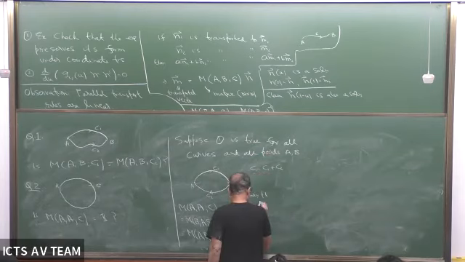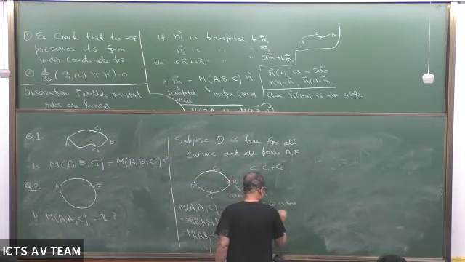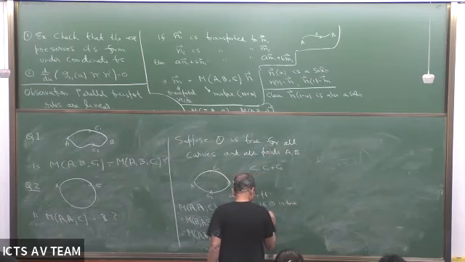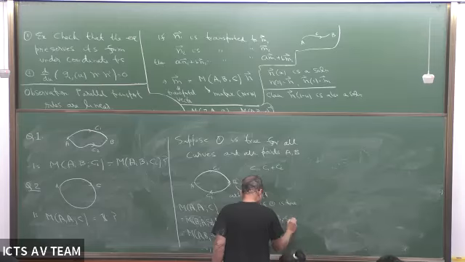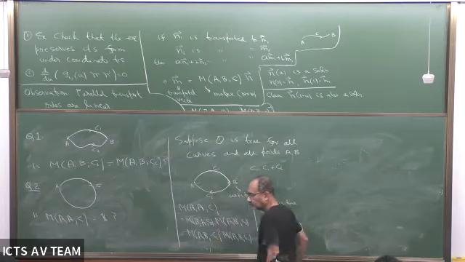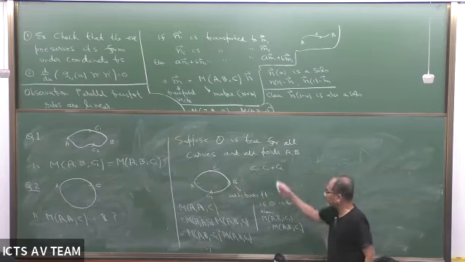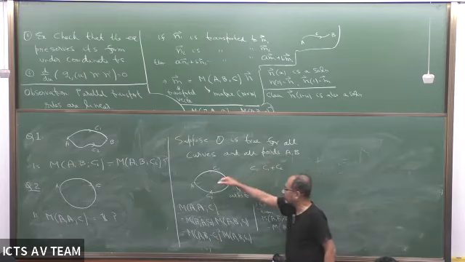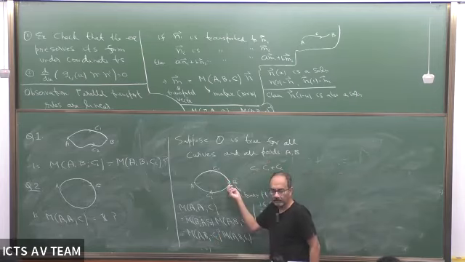So if 1 is true, then M_AB minus C2 is M_ABC1. Right? That's what 1 says, that the parallel transport doesn't depend on the curve that you take.